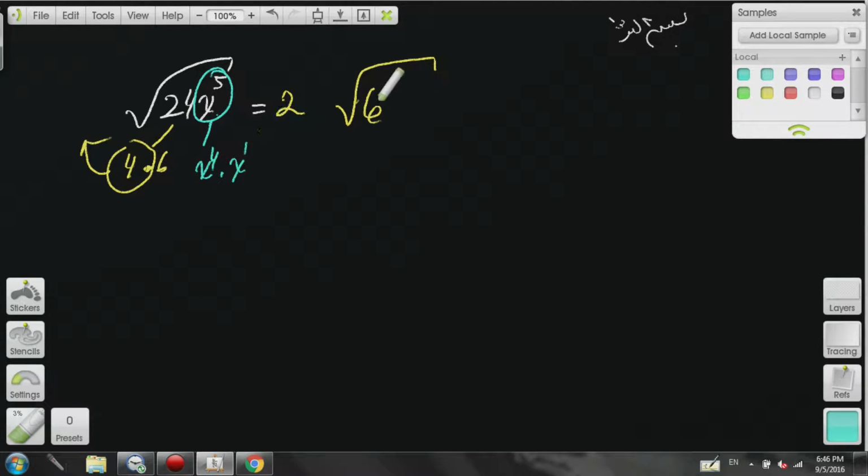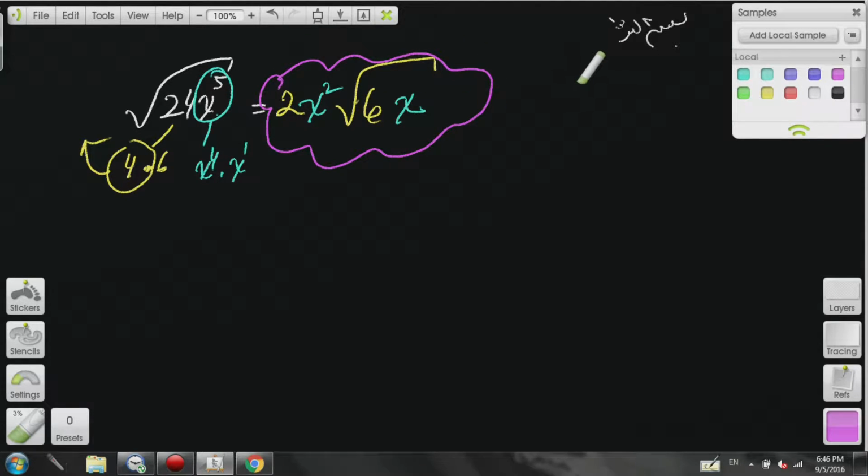So each pair comes out, like x to the 2nd, and 1 x will remain like this, okay? So this will simplify to this, okay?